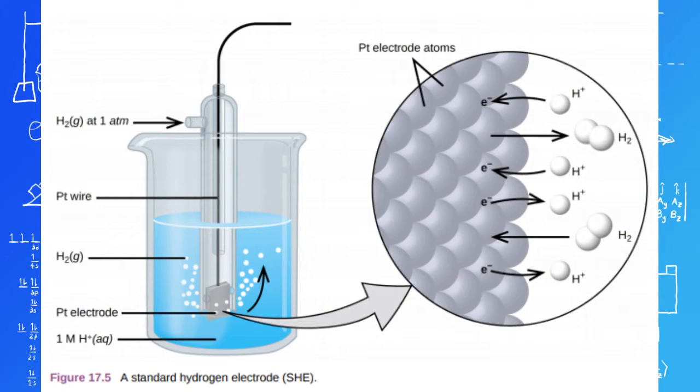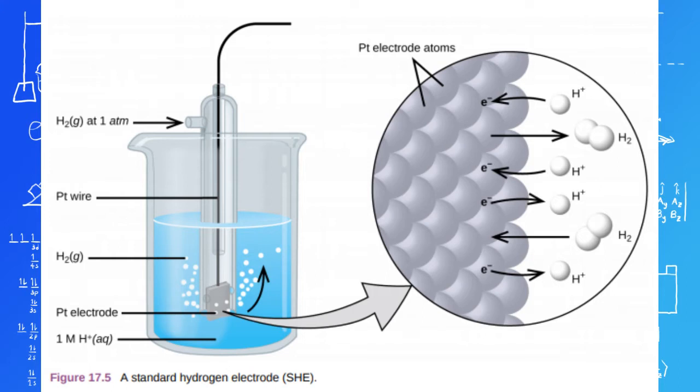So basically they have a piece of platinum metal. Since hydrogen itself is not a metal, you can't just dip it into the solution as a metal bar, so you have to use some other surface, something that allows for the oxidation or reduction of hydrogen without directly interacting with hydrogen.